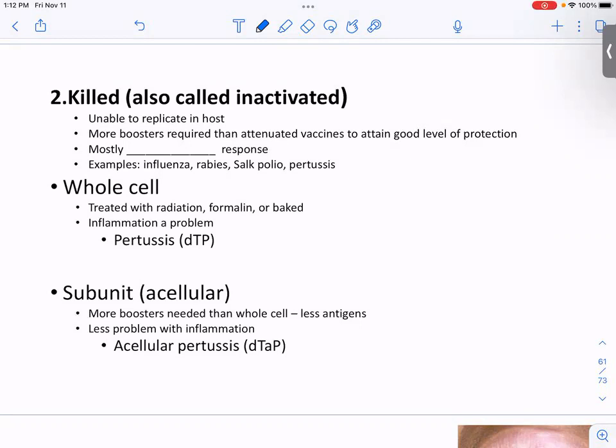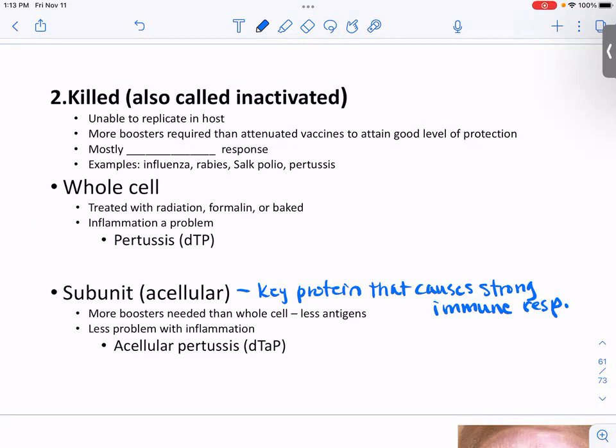If it's a subunit, we've usually taken some key protein that elicits a strong immune response. So the COVID vaccines, all our vaccines are targeted toward the spike protein. That's the most antigenic part of that virus.